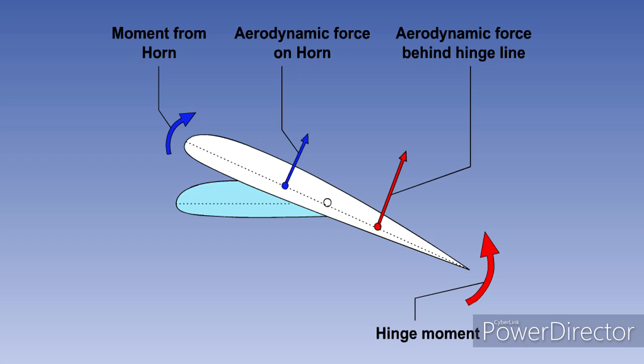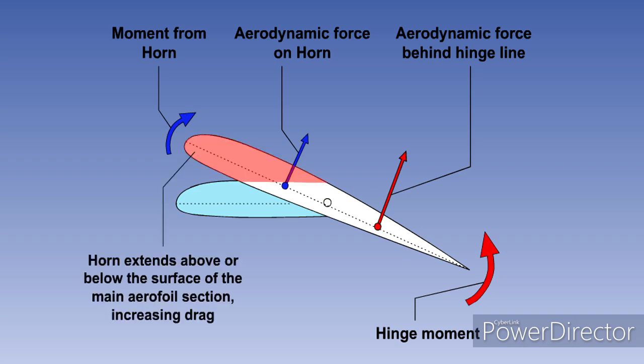This produces turning moments about the hinge, reducing the overall hinge moment. Once again, control effectiveness is unaffected. Design of the horn balance will mean that during operation, the horn extends above or below the surface of the main aerofoil section. This will cause an increase in drag. Horn balance is commonly found on rudders and elevators.